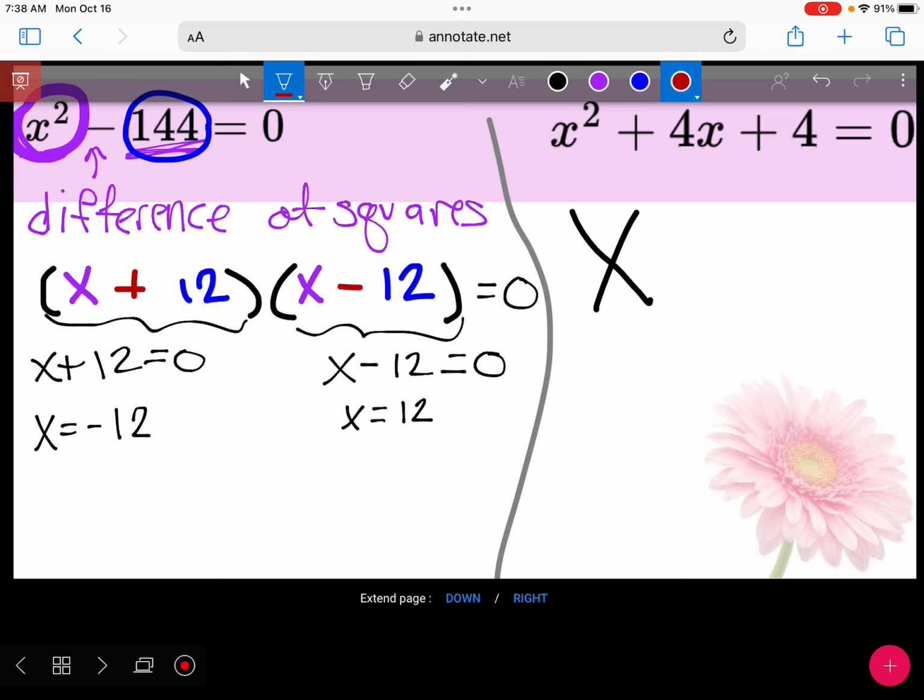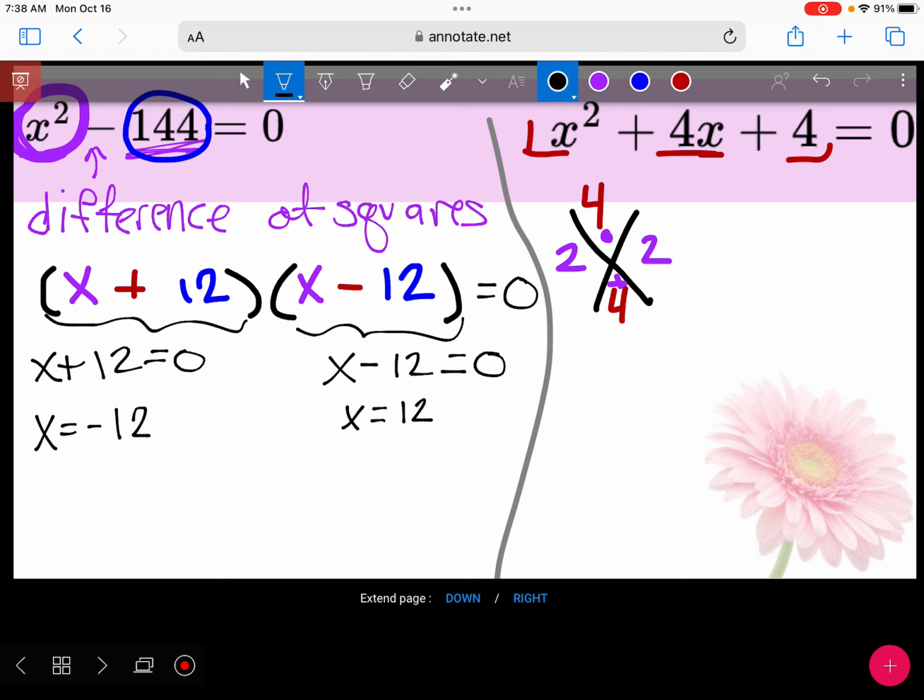So what is my A times C? 4. 1 times 4 is 4. And my b value is 4. Pair of numbers that multiplies to make 4 and adds to make 4. 2 and 2.